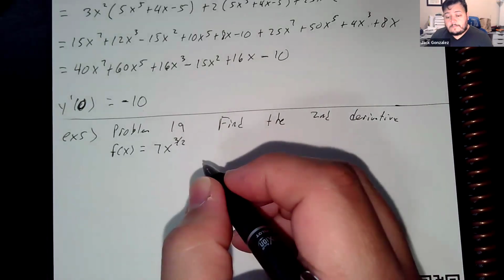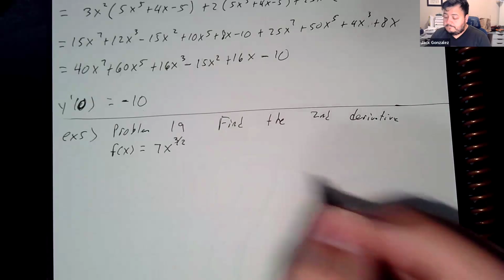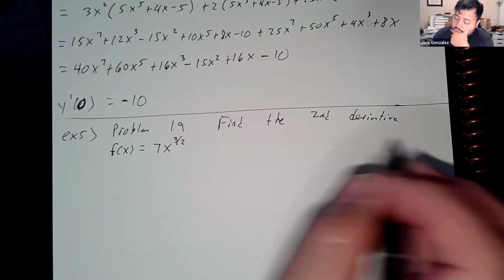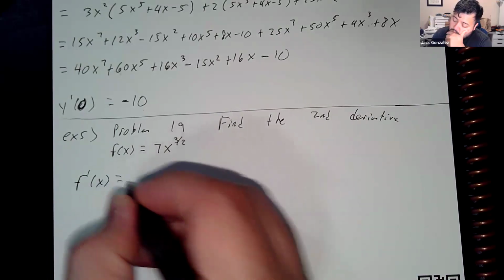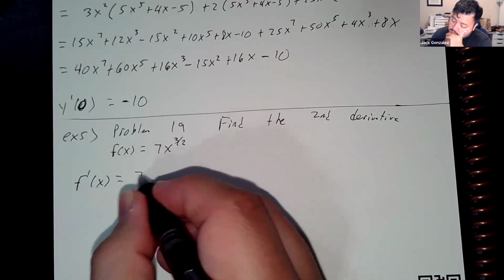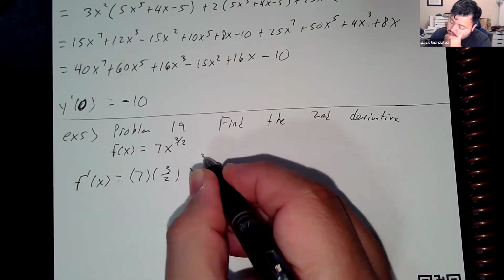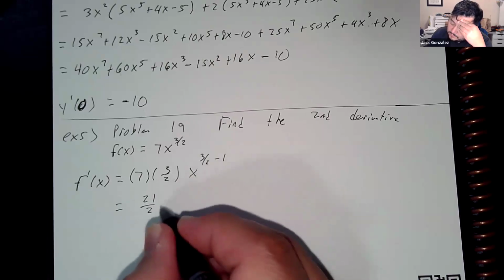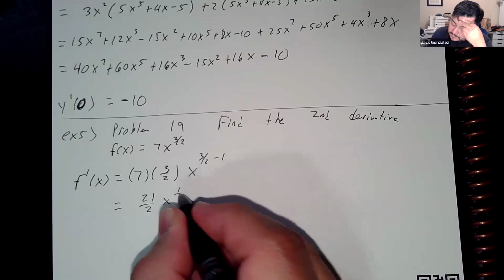The 3/2. Okay. So first derivative, it's a single quote. You bring down the 3/2, subtract by 1, right? That'll give us 21/2 times x to the 1/2.